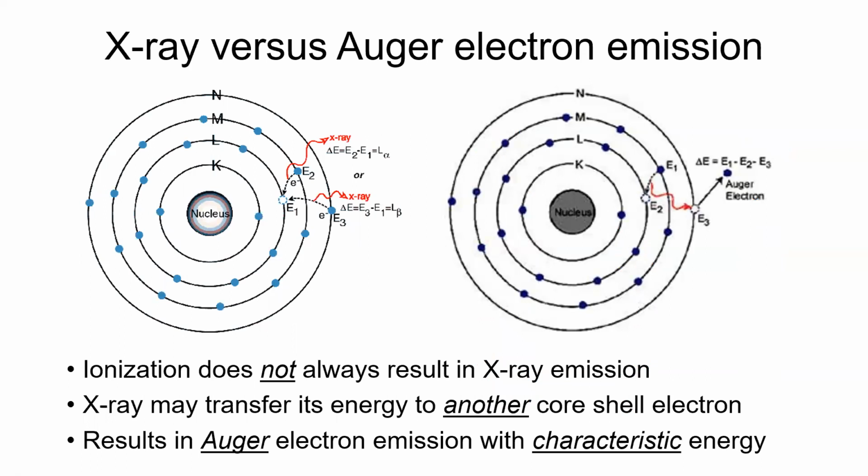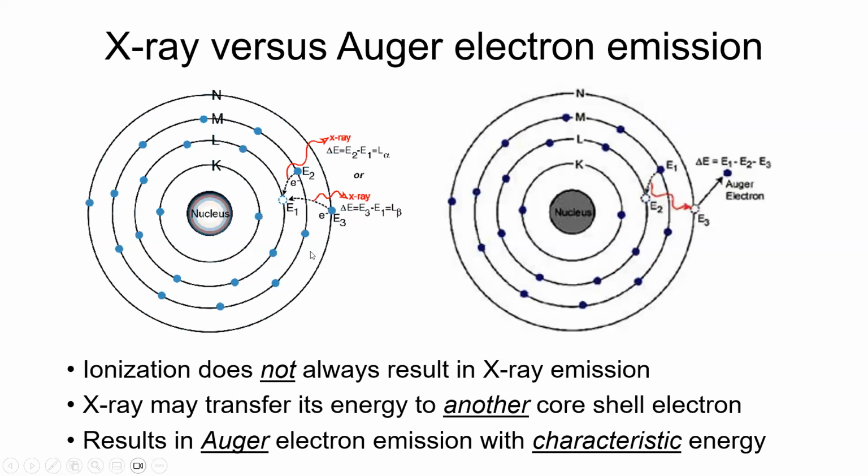Okay, so if we're not getting out X-rays all the time, what's happening? Well, the other thing that's happening is we're getting out Auger electrons. On the left, we saw this example of the L alpha and L beta X-ray generation, where we ionize the L shell, we get a transition from the M or the N shell, and we get an L alpha or an L beta X-ray out.